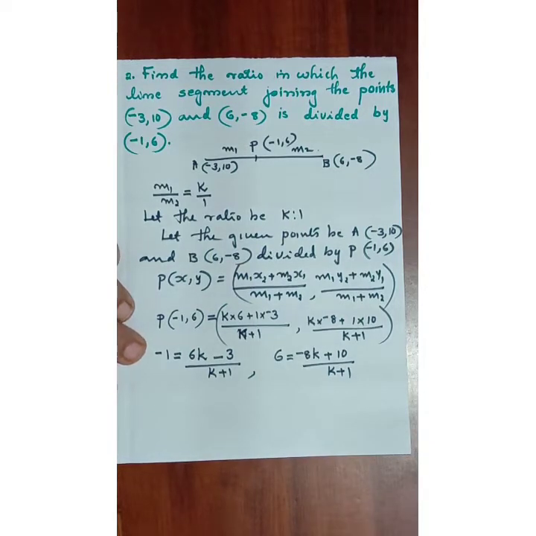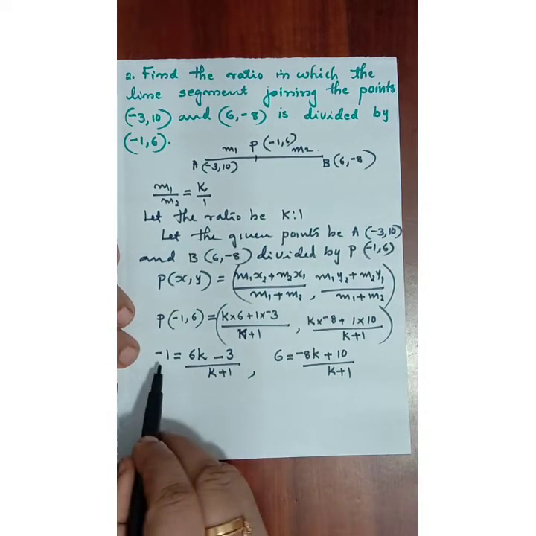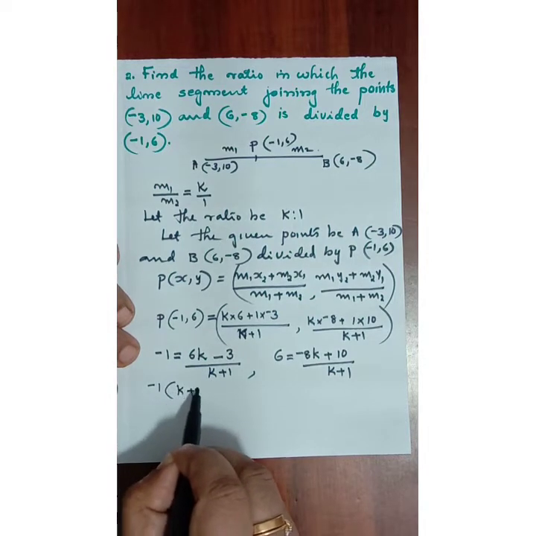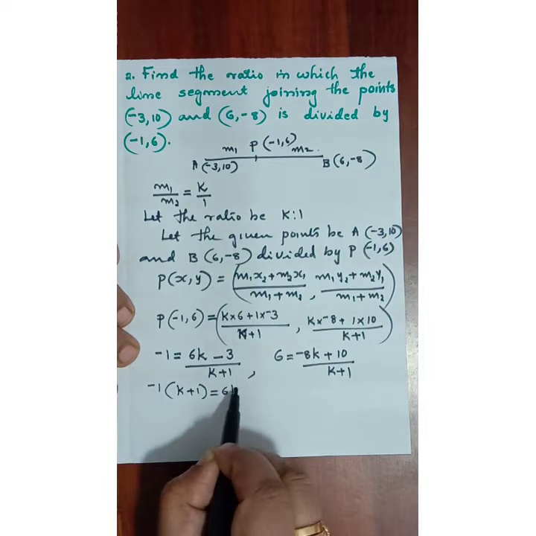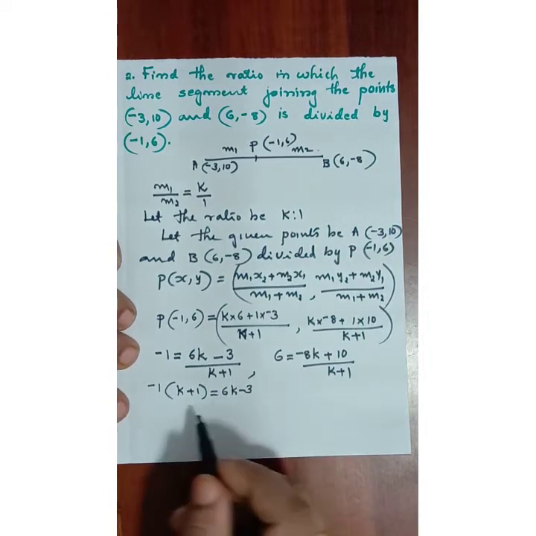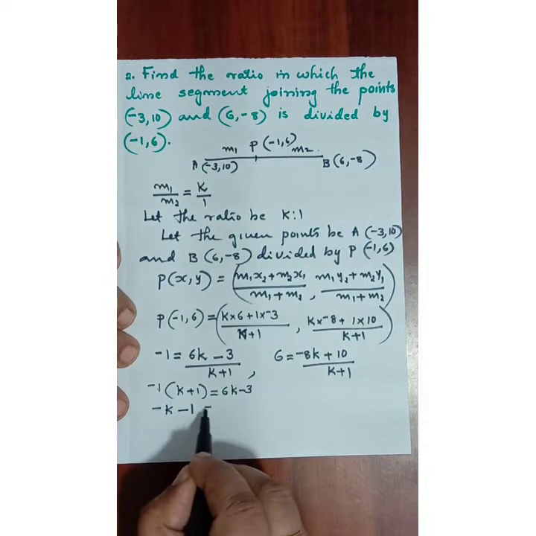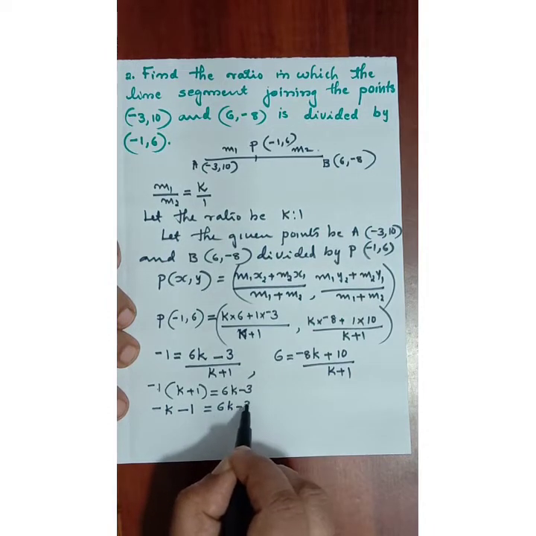So what do we get now? We have to cross multiply. Negative 1 into K plus 1 equal to 6K minus 3. So open: negative K minus 1 equal to 6K minus 3.